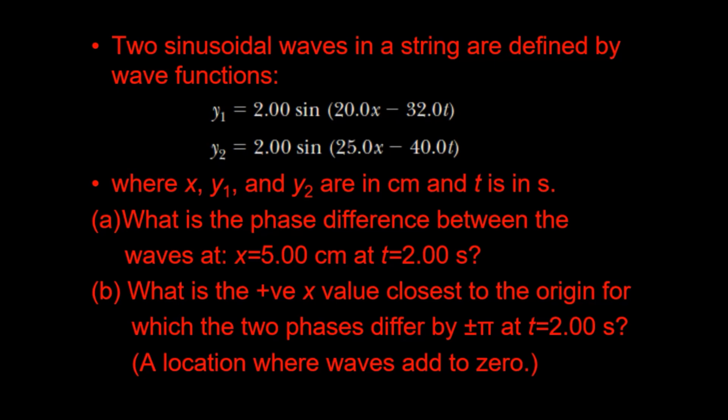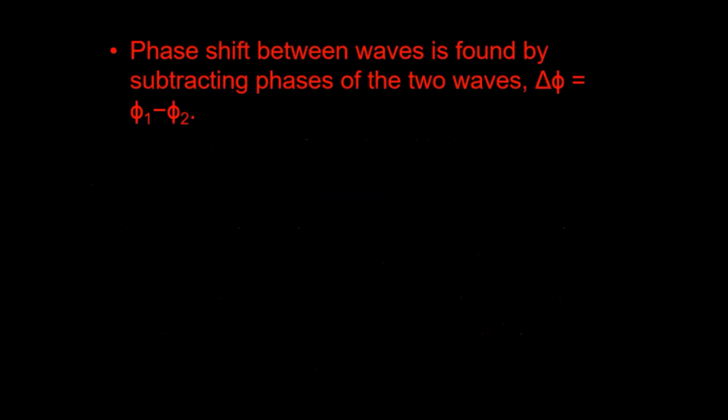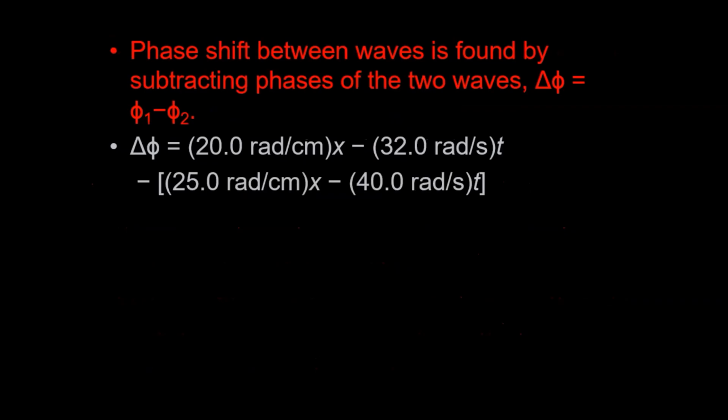Part A wants to know what is the phase difference between the waves at x equals 5 centimeters and t equals 2 seconds. Well, we can find the phase shift between these two waves by subtracting the phases of our two waves, phi 1 minus phi 2. This will give us 20 minus 25 times x, and minus 32 minus minus 40 times t.